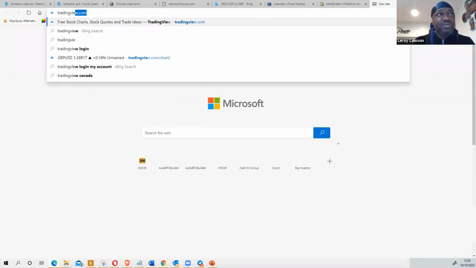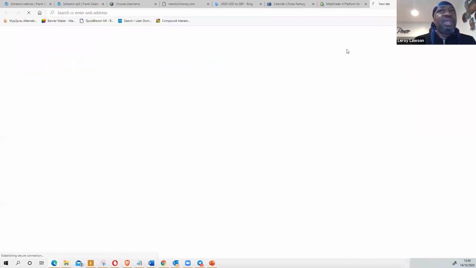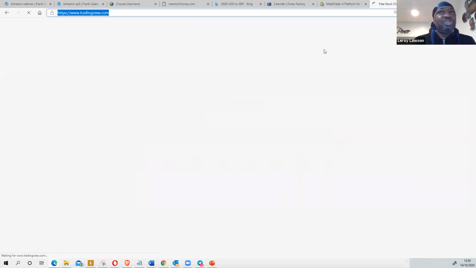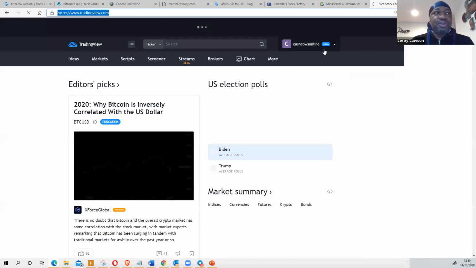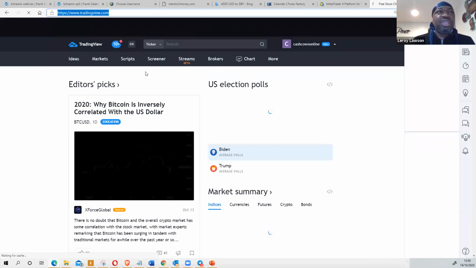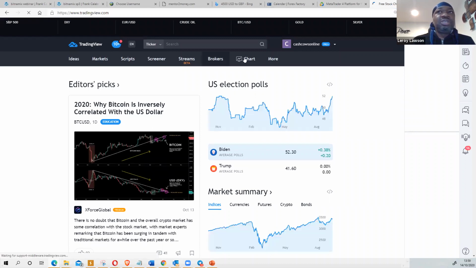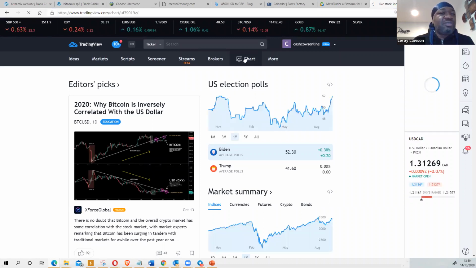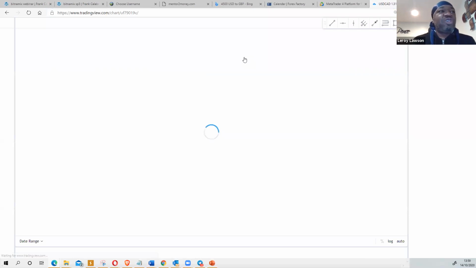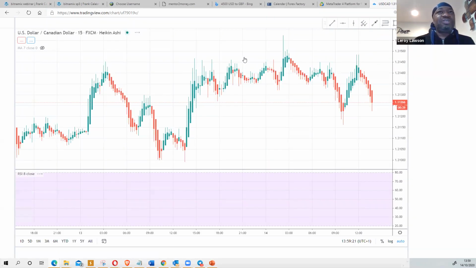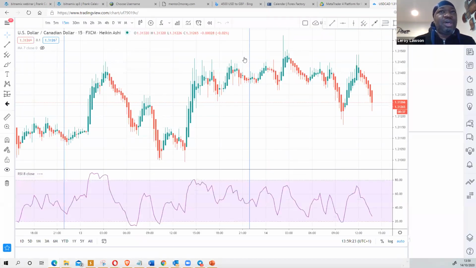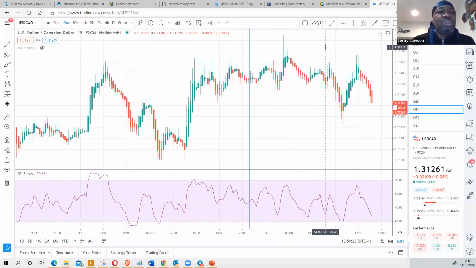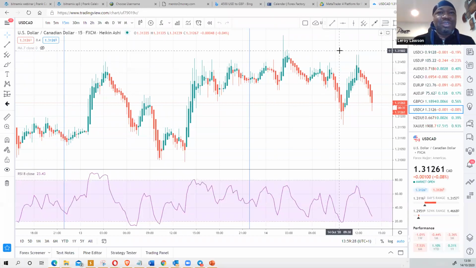Let's just go back to TradingView for a second to remind you all that you can do the same thing on TradingView. If I go to my screens now and look at a chart, I've got a lot more flexibility with TradingView. I can save my charts. I can go from one device to another, log into my laptop, log into my phone, and everything's set the way I want it set.